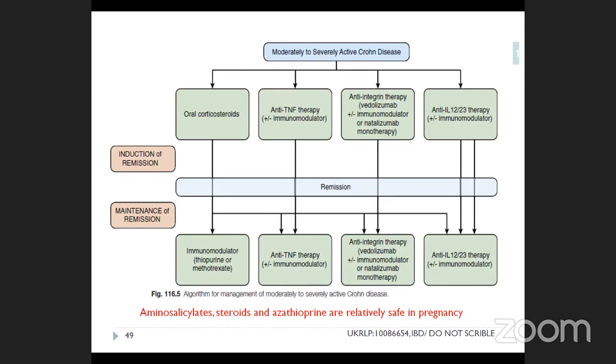Aminosalicylates, steroids, and azathioprine are relatively safe in pregnancy, though that doesn't mean they cause no congenital malformations. There are chances of congenital malformations, but compared to the disease severity, these are relatively safe.